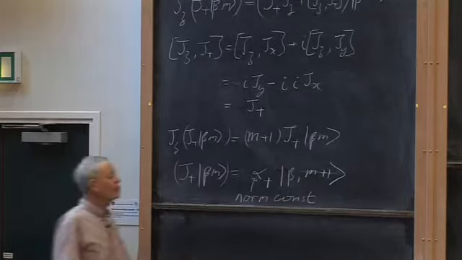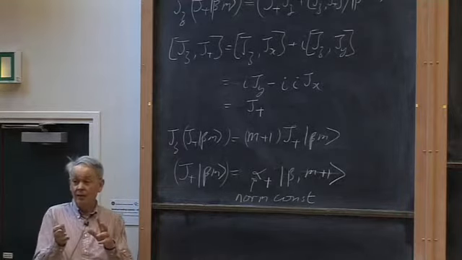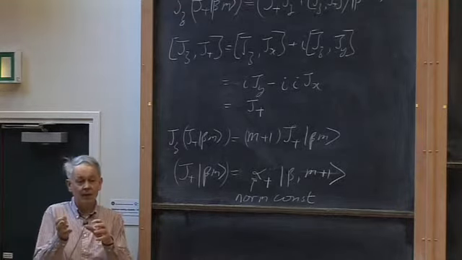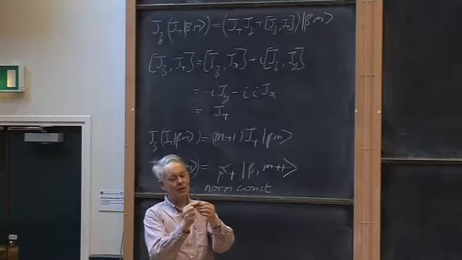So what have we achieved? When we applied j plus to this state jm, we made a new state with the same total amount of angular momentum, the same response to j squared, but the amount of this parallel to the z-axis has increased. So we have reoriented our system. We have here a spinning top, some angular momentum along here, and we've moved it a bit towards the z-axis.